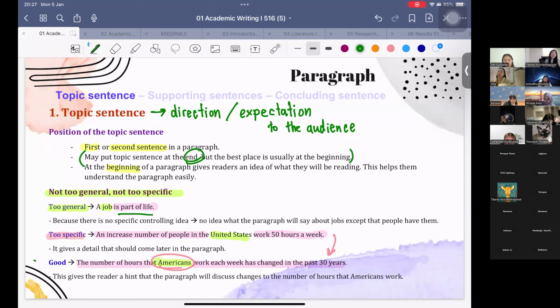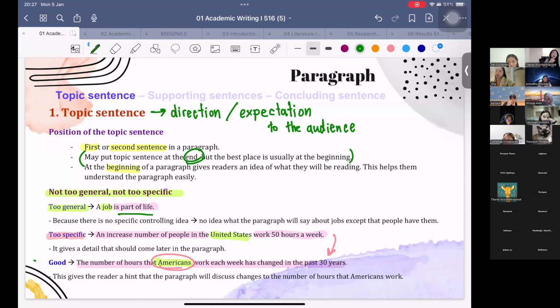A good topic sentence should not leave your audience questioning what you are going to write. A good topic sentence lets them think, oh, you're going to write about a job during teenage life. So it gives a clear direction. If it's not clear, it might be too broad.